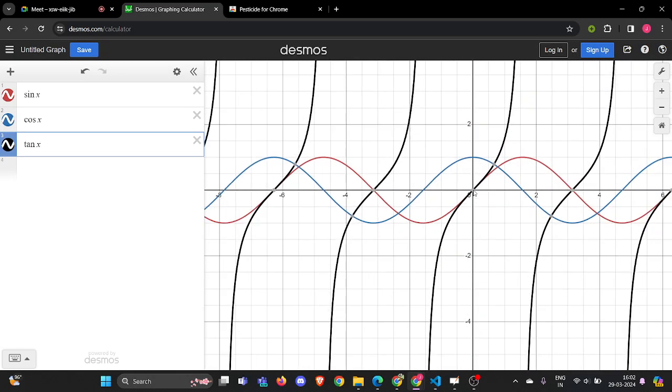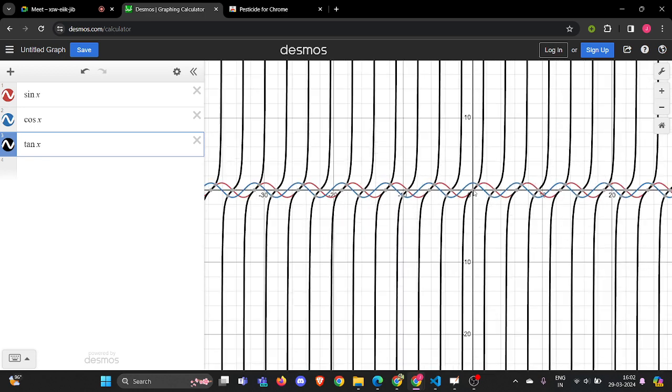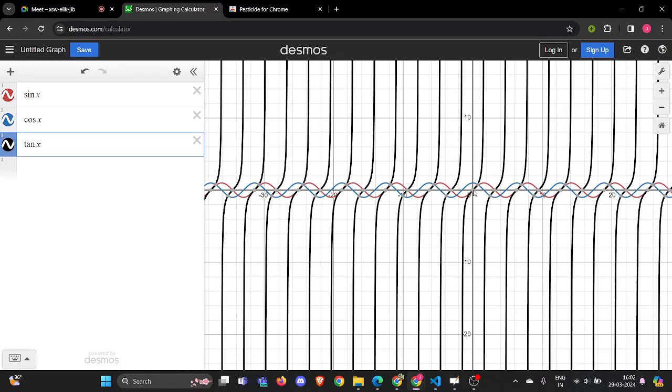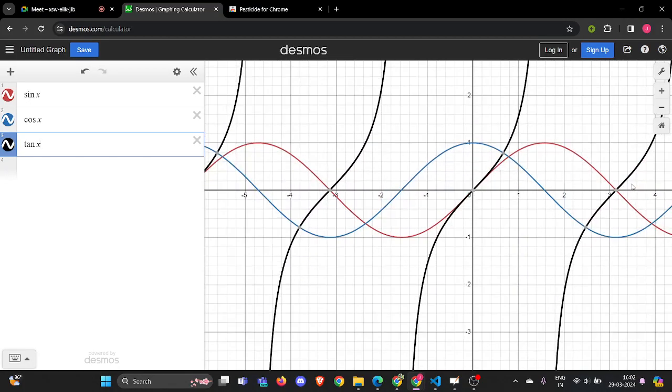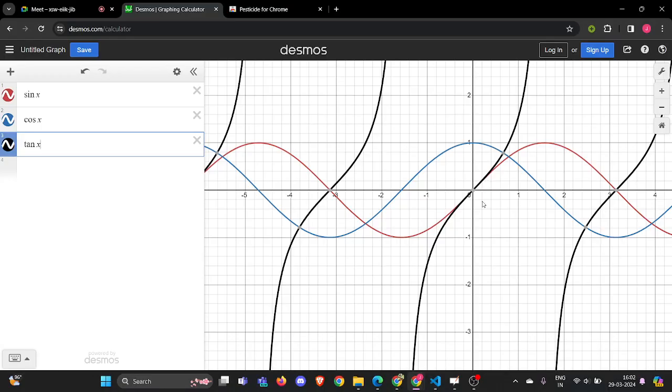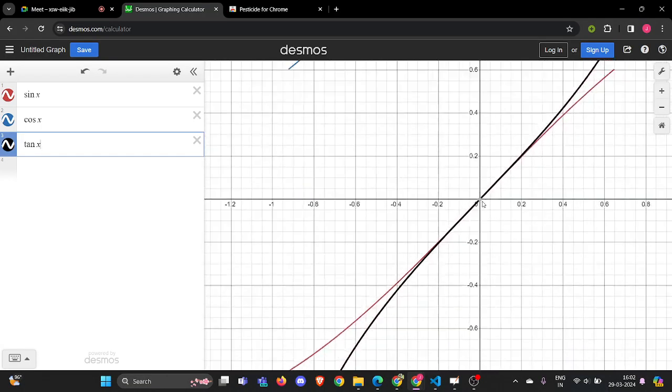How does tan work? Is it the gap of 90? Yes, this is a graph of pi. Pi, P-I-E. Pi, P-E-I.